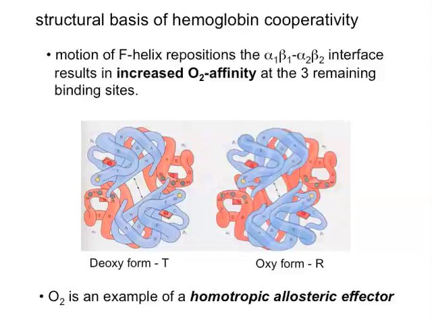Formally, the concerted and the sequential models are different, and they seem to have different implications. In practice, it's very difficult to distinguish them, and well beyond the scope of this class to think about how we might distinguish them experimentally. They both have different attractive features. On the one hand, the concerted model allows us to think about the R to T transition as a chemical equilibrium that's shifted by the presence or absence of ligand.